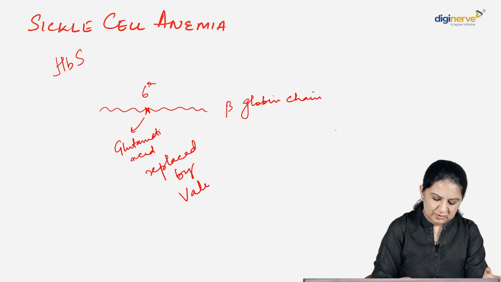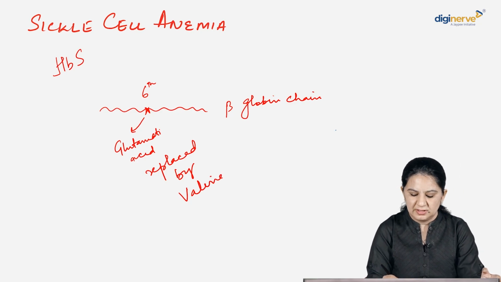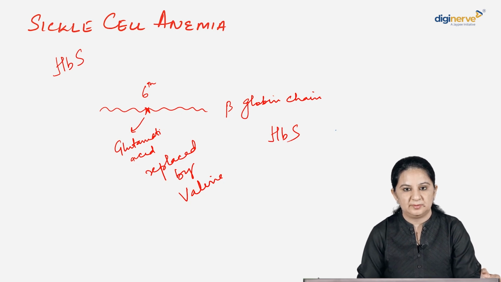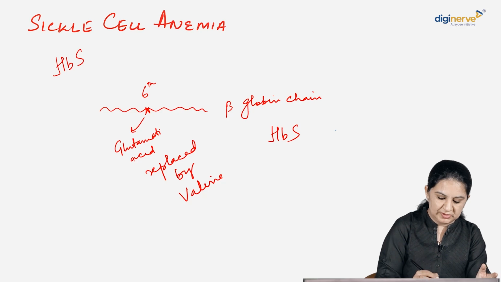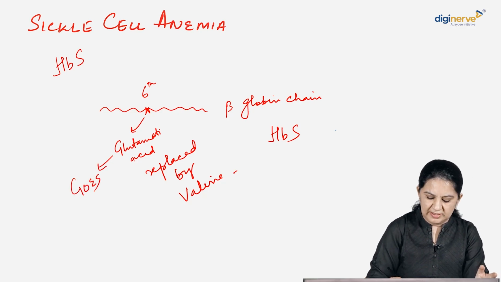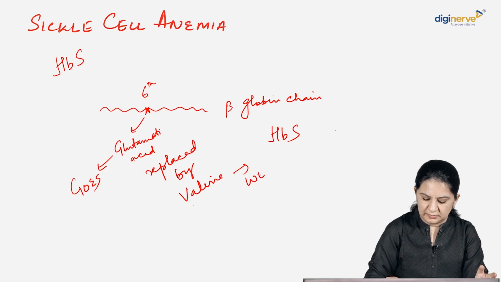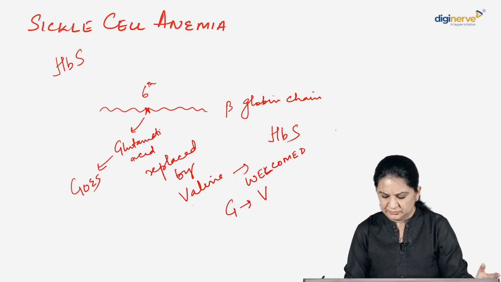Because of this replacement of glutamic acid by valine, you get sickle hemoglobin. Now how will you remember whether glutamic is replaced by valine or valine by glutamic? You can remember: glutamic goes, valine is welcomed. An easy way to remember.